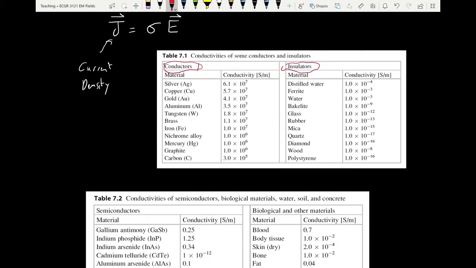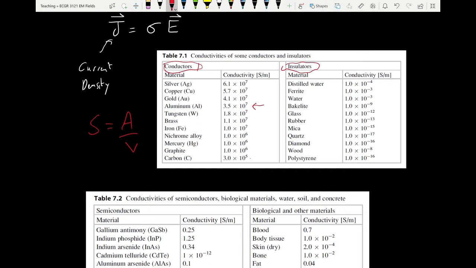And we said Siemens is amp per volt, right? Copper is only slightly less conductive. Gold, aluminum. Sometimes, because aluminum is so light and cheap, a lot of transmission lines are aluminum. I don't know what other materials are common for transmission lines, but most of the transmission line conductors are aluminum because they are light and cheap.